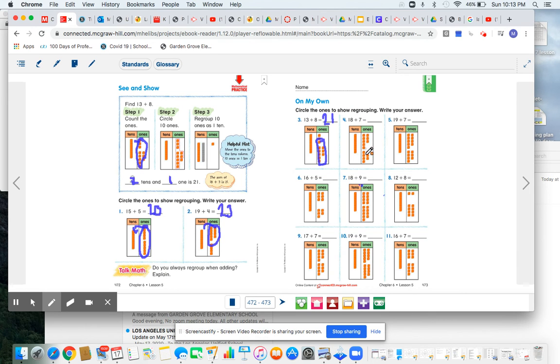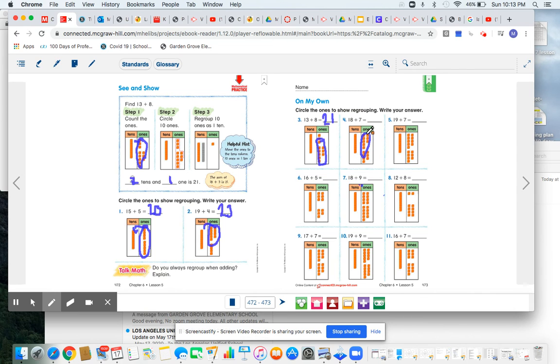18 plus 7. So I know that this is 18 right here, this top one, and this is plus 7. So I'm not going to count this 8 because I know this is 8. So I'm going to count off 8, 9, 10. So I'm going to go ahead and group those.